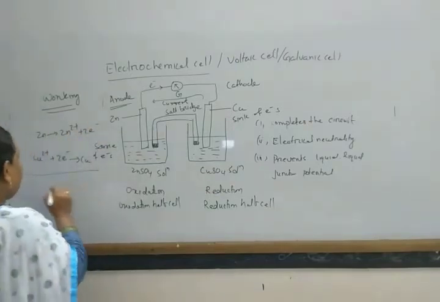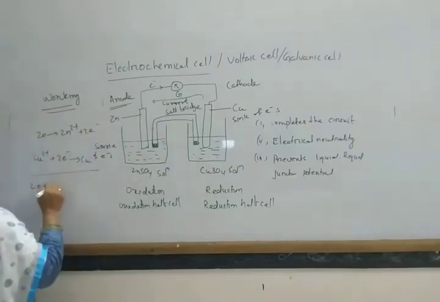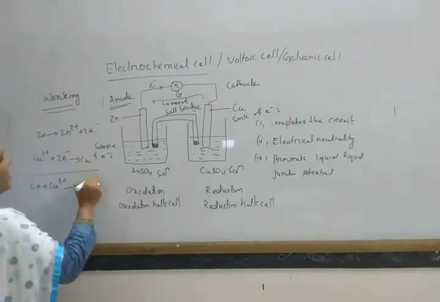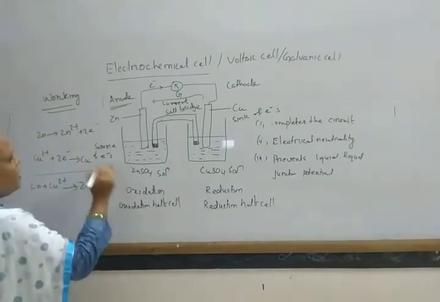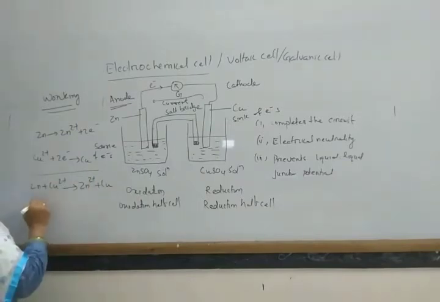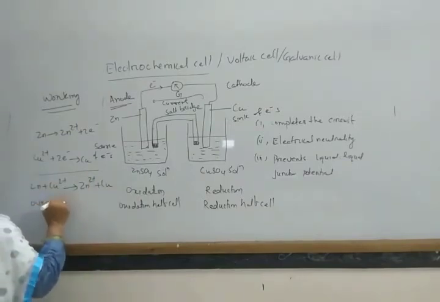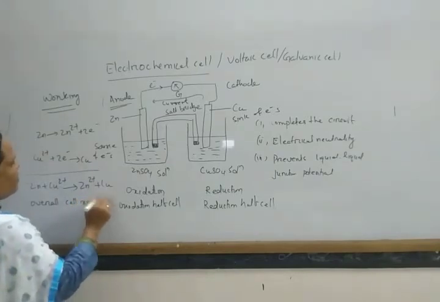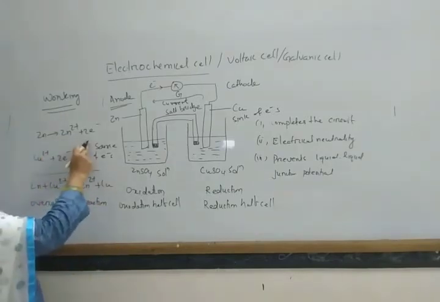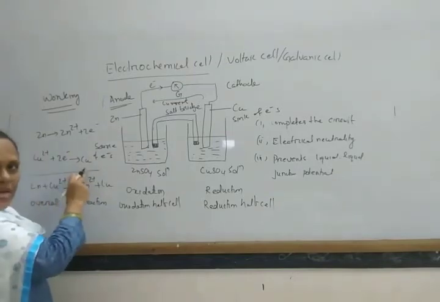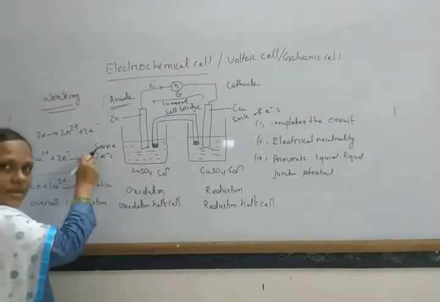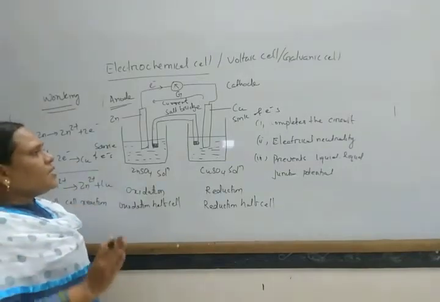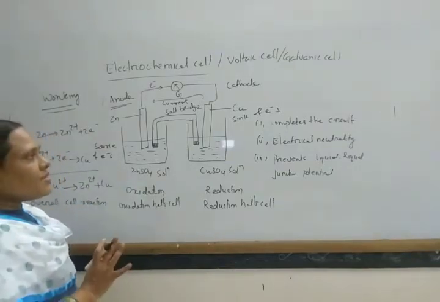The general cell reaction is Zn plus Cu2+ gives Zn2+ plus Cu. This is the overall cell reaction. This is the oxidation half cell reaction, this is the reduction half cell reaction, and this is the overall reaction. So what happens during this process?